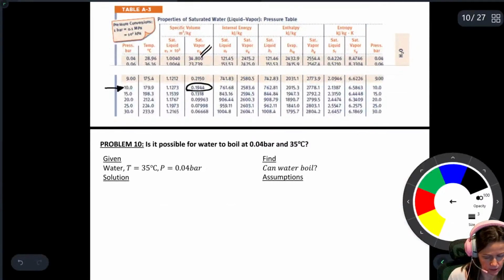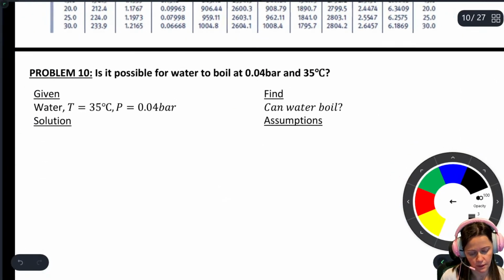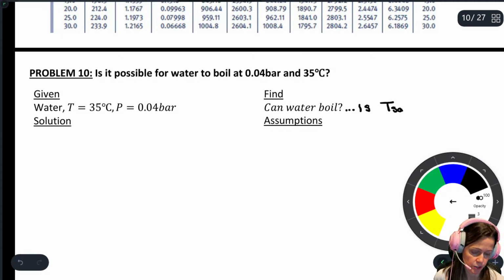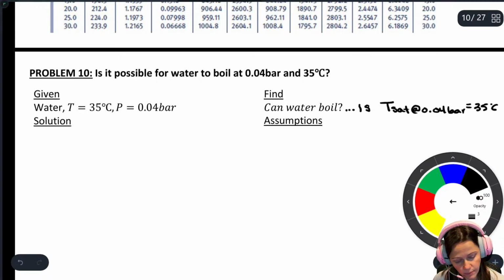Oops, I'm sorry. There we go. So what we're really asking is, is the saturation temperature at 0.04 bar equal to 35 degrees Celsius, or is the saturation pressure at 35 degrees Celsius 0.04 bar?